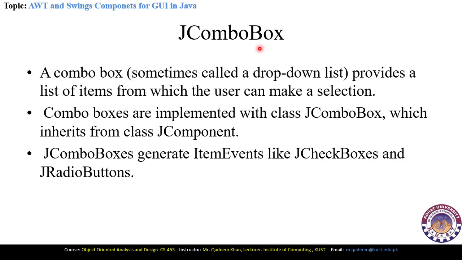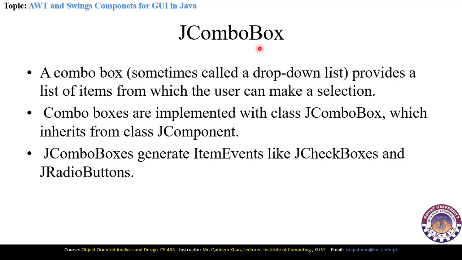Unlike the JList, you can select only one item in the JComboBox. So it is exactly like when you click on buttons, but the main advantage of JComboBox is that it takes less space on the GUI as compared to buttons.